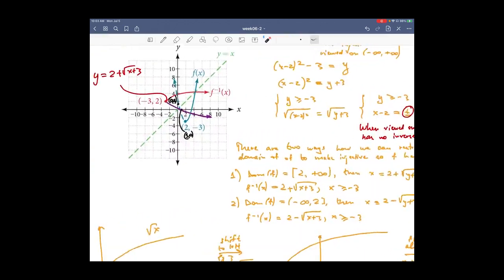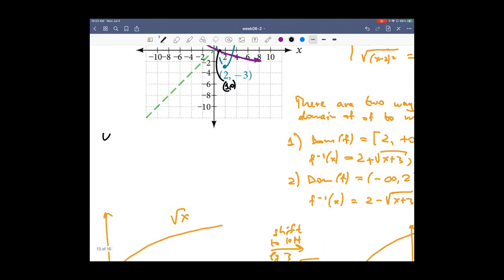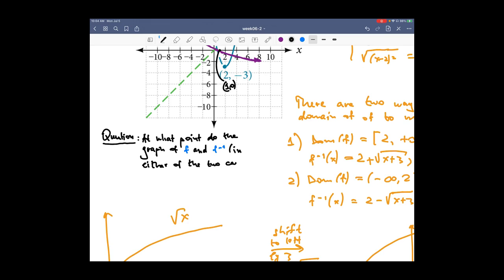It would be nice to think about this question that just came to my mind. At what points do the graphs of f and f inverse, in either of the two situations, intersect?